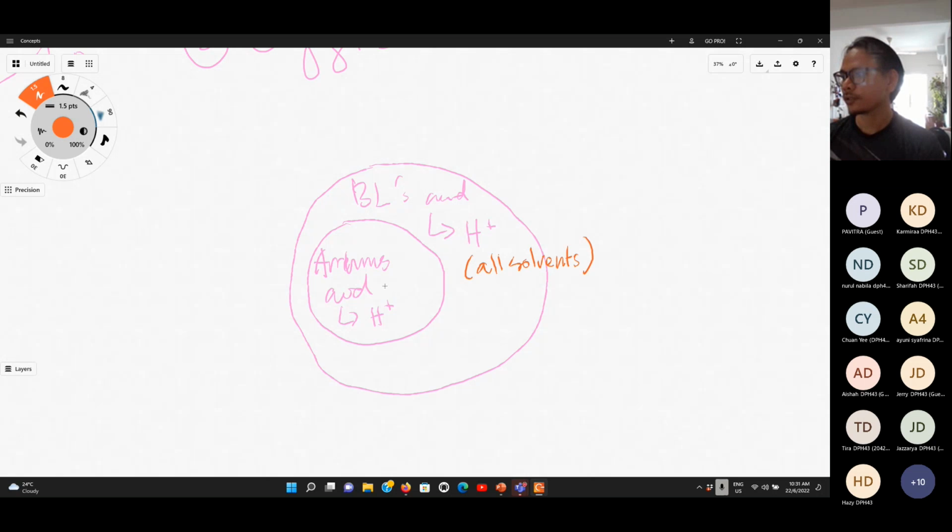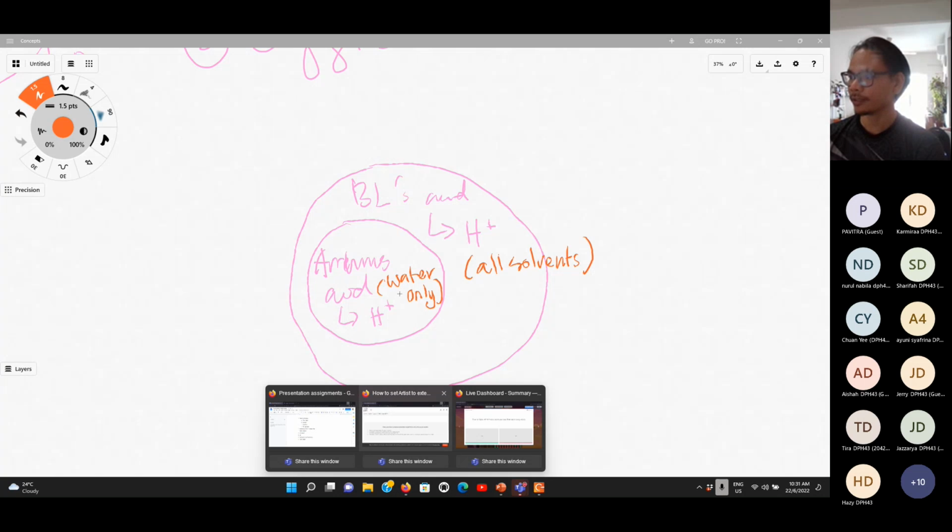Untuk Arrhenius, in water only. Itu perbezaan dia. That's why saya cakap Bronsted and Lowry ni mengembangkan the scope of definition of acid and bases. Untuk Arrhenius acid, they cover only substances yang larut dalam air sahaja. So the answer to that question tadi betul lah. All Arrhenius acid adalah Bronsted and Lowry's acid, but not all Bronsted and Lowry's acid adalah Arrhenius acid.